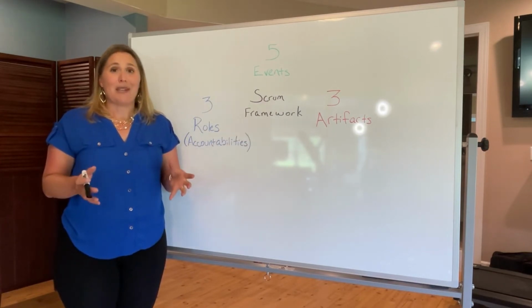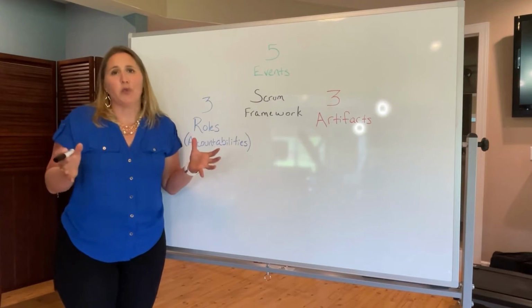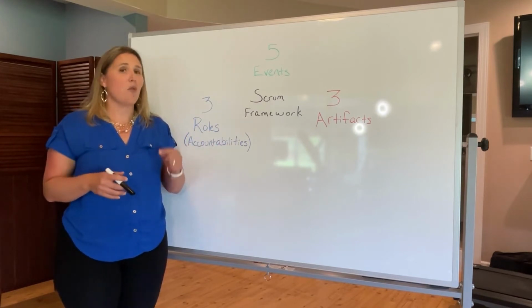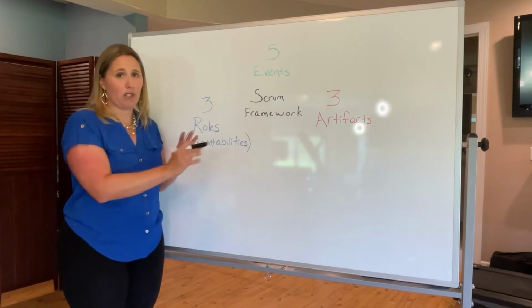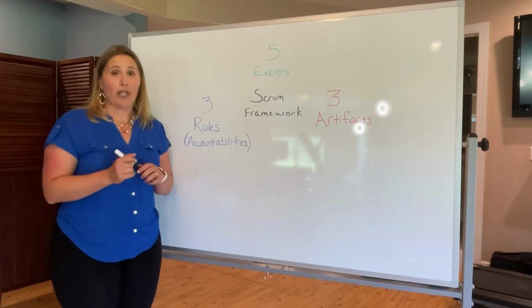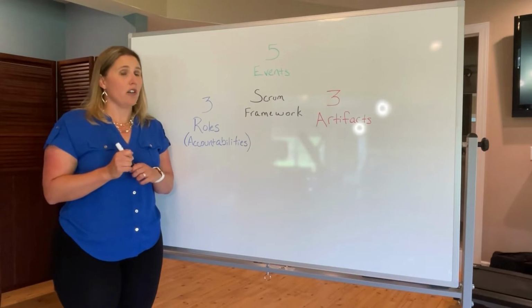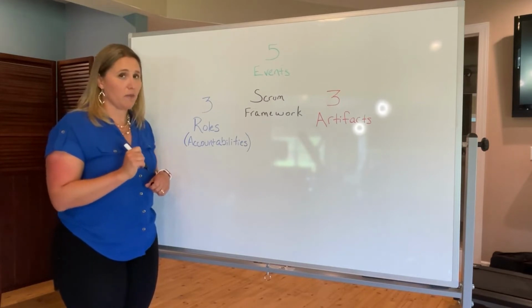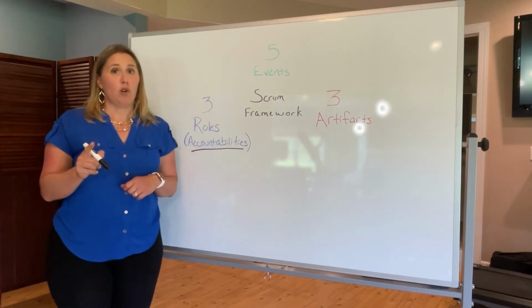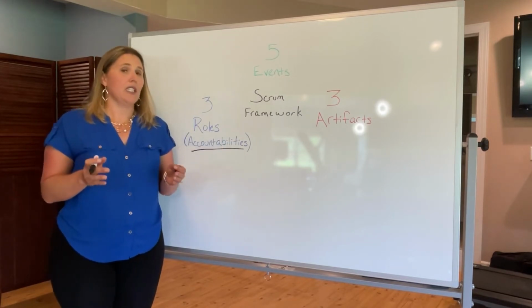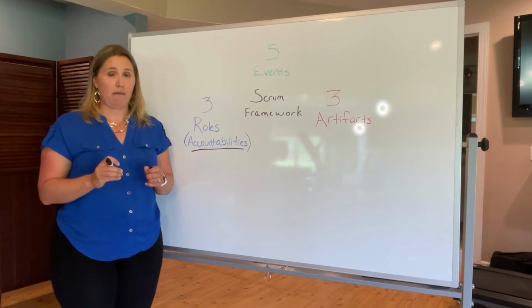Now, the framework, what that means, it's a set of rules that you're going to follow so that if you say we're a Scrum team, it means we have these basic components in place. So let's take a quick look at what those things are and what it would mean if you say that you are a Scrum team. It would mean that you have 3 roles or accountabilities present in your team.